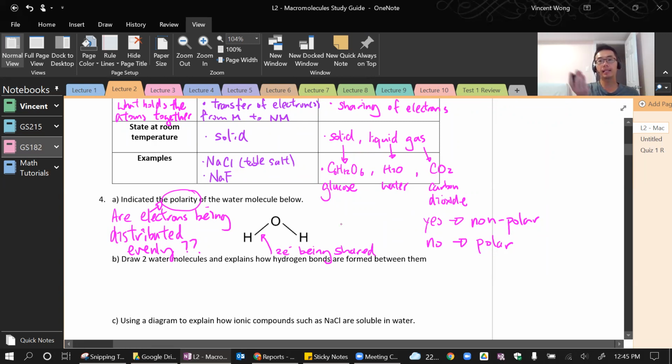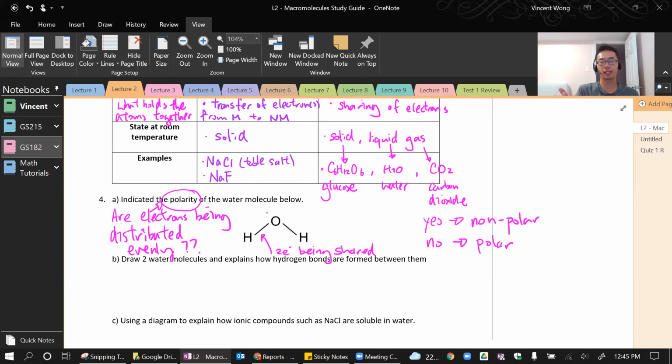Now, depending on the atoms that are involved in the sharing process, some atoms would have a higher attraction for the electrons. We call that electronegativity. Don't worry about it. If you never heard of it, you will learn it in chemistry later. But basically, if one atom likes the electron more than the other one, even though they're sharing, one is kind of hogging it.